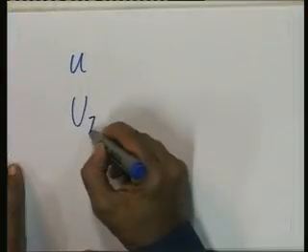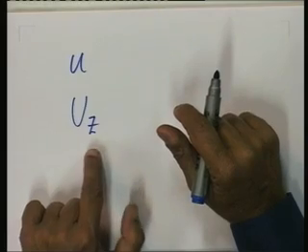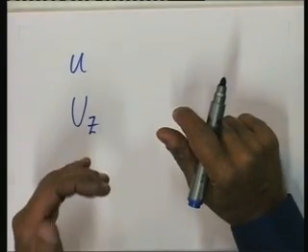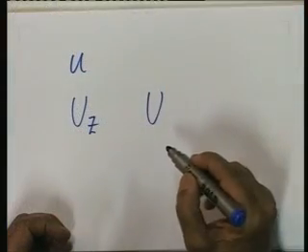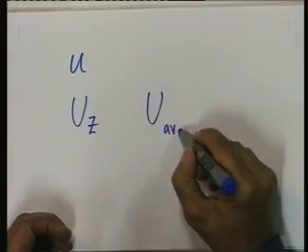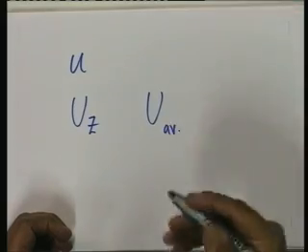There are two ways we will express the degree of consolidation. One is Uz, that is the degree of consolidation at any depth z, which is nothing but the amount of consolidation that has taken place at a particular time divided by the total consolidation that is expected there. And another parameter that we use is U, which is basically the average of all Uz values over the depth z.